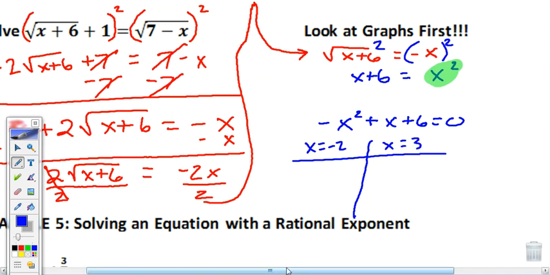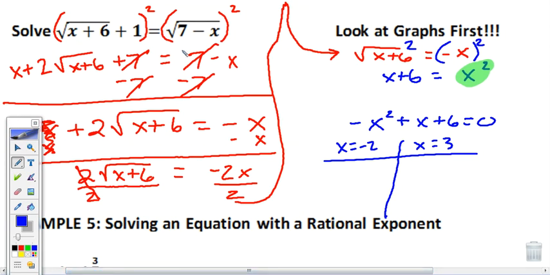Keep in mind your original equation right up here. Let's plug negative 2 in.